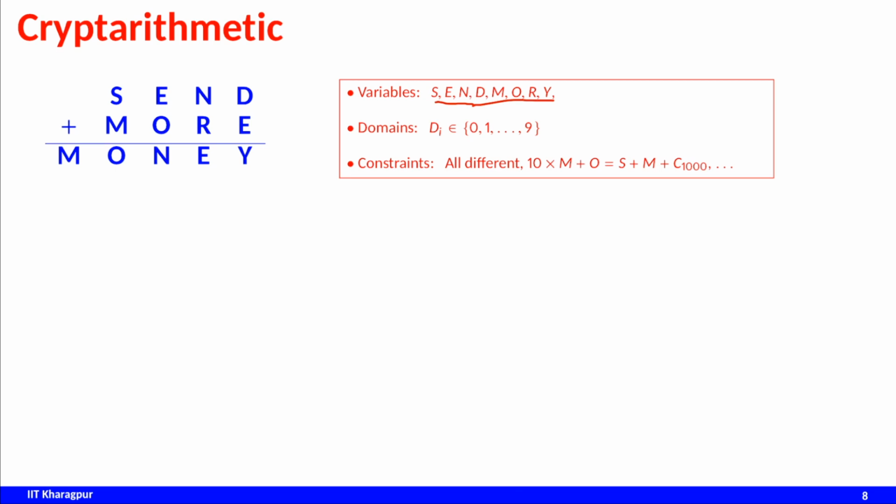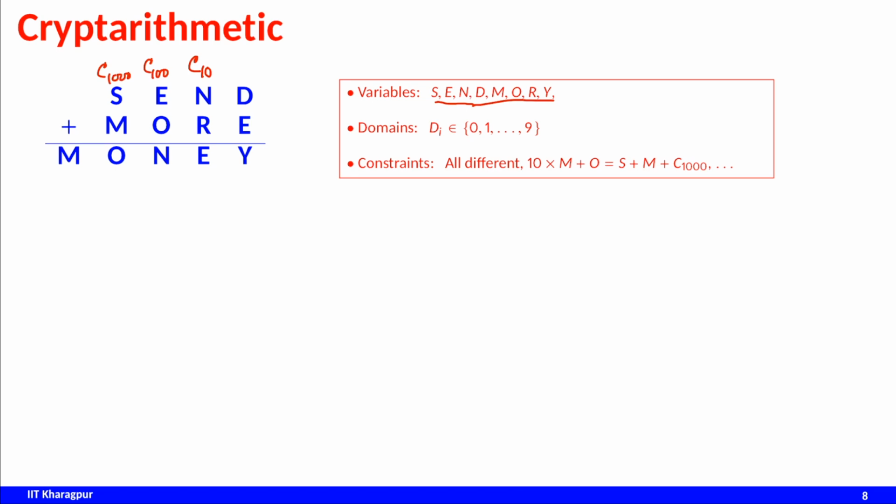If you look at this part, we introduce a set of additional variables. This is the carry C10 in the tens place, this is the carry in the 100th position, this is the carry in the 1000th position.